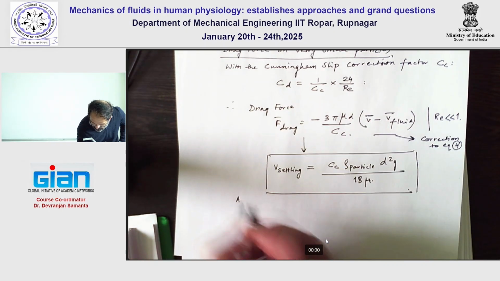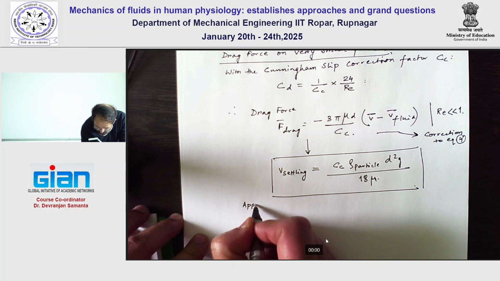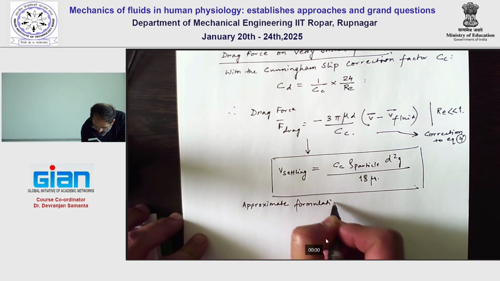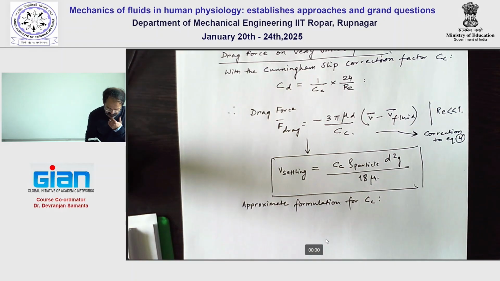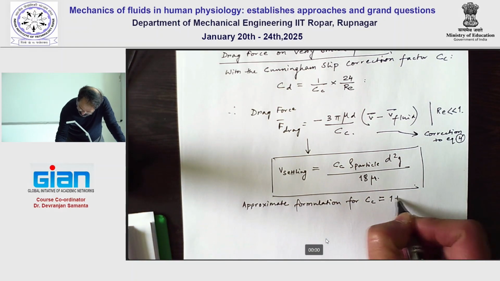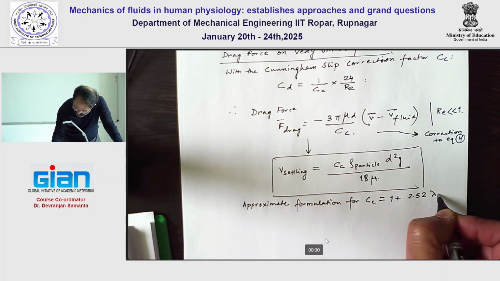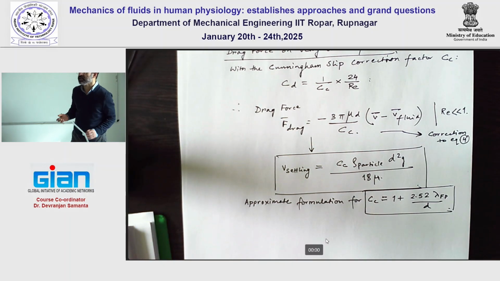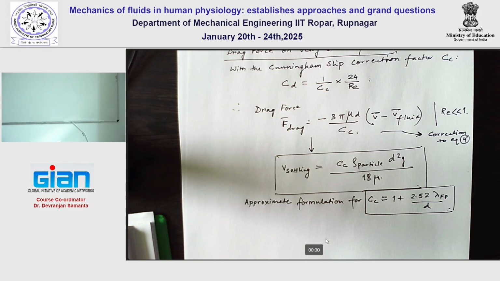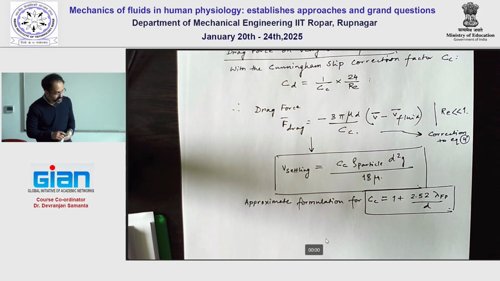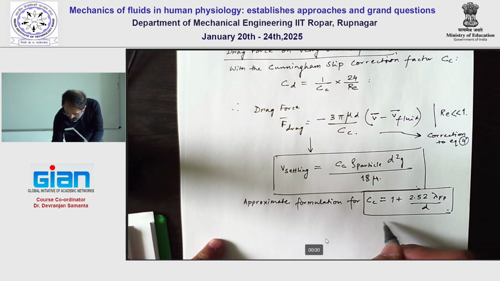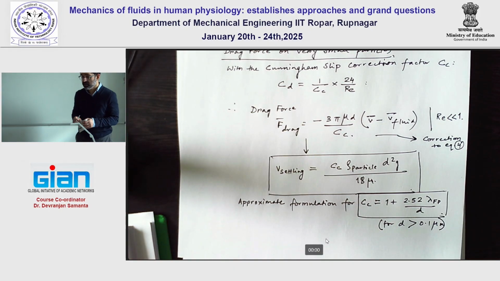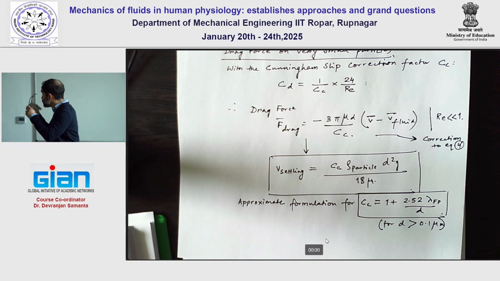The approximate formula for the correction factor is CC equals 1 plus 2.52 lambda Fp divided by D. Now if you apply the actual value of lambda for the typical particle sizes we are looking at, for example for D greater than 0.1 micron, with lambda being 0.067, you will see that this becomes very close to 1.